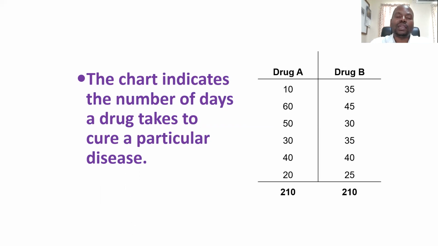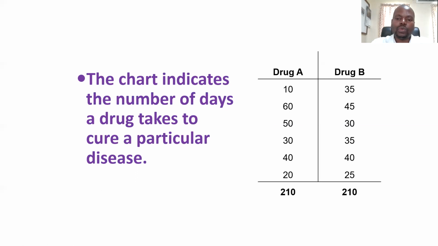What is interesting here, if you look at the total number of days it has taken for both drugs to cure a particular disease in these 6 patients in each drug is 210.